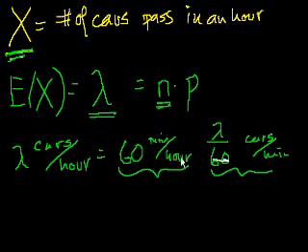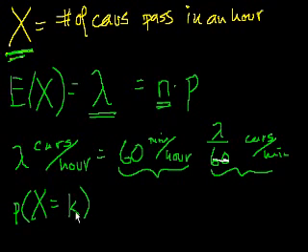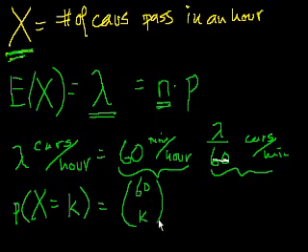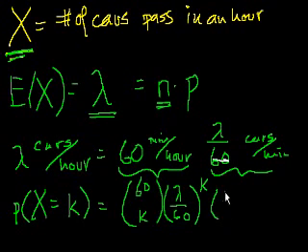If you actually said, oh, this is a binomial distribution, so the probability that our random variable equals some given value k, the probability that exactly 3 cars pass in a given hour, it would then be equal to n, so n would be 60, choose k, and 3 cars, times the probability of success, so the probability that a car passes in any minute, so it would be lambda over 60 to the number of successes we need, so to the kth power, times the probability of no success, or that no cars pass, to the n minus k, right?